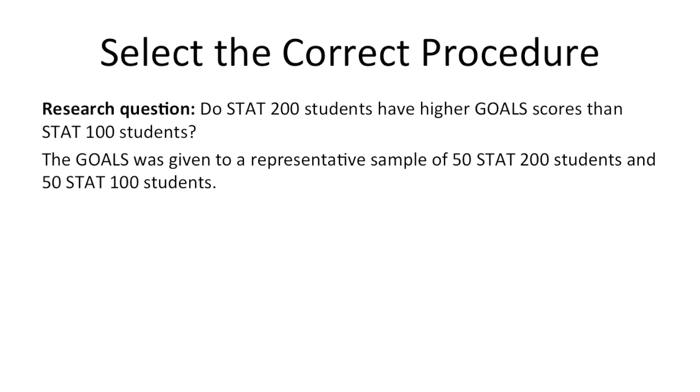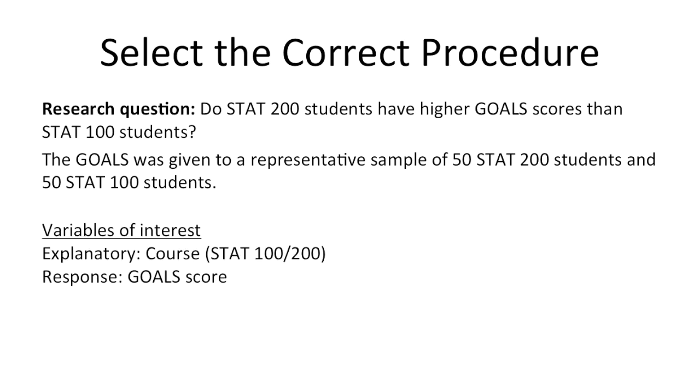The GOALS was given to a representative sample of 50 Stat 200 students and 50 Stat 100 students. So here we have two independent groups. We're comparing our Stat 200 students to our Stat 100 students. That is our explanatory variable, on the basis of GOALS scores, which is our quantitative response variable.